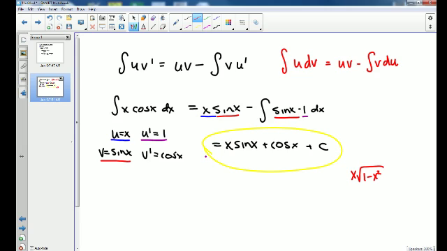Good question, because it can be confusing. So, same formula, I just found it easier to remember. So we have u and v prime and dv are the same: uv minus the integral of v and du. And here you could write du and dv instead.